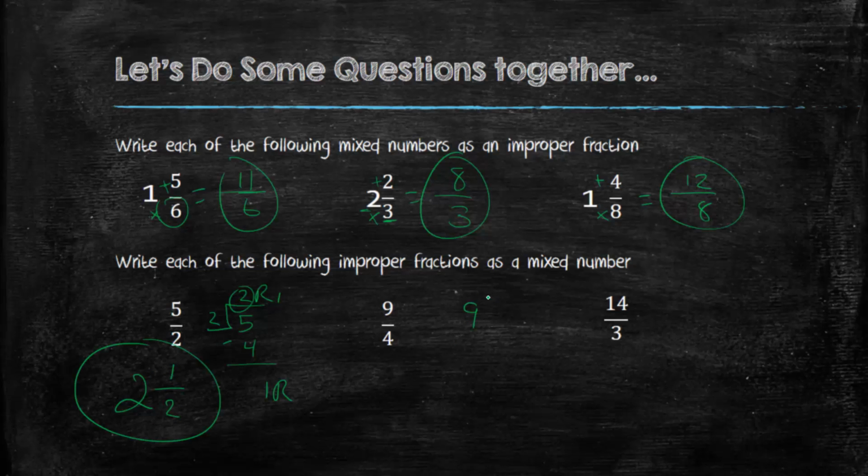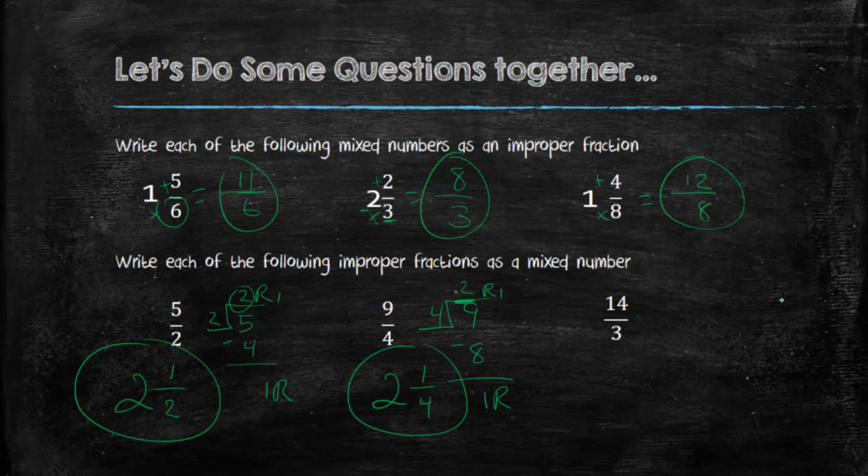Let's do this. 9 divided by 4. How many times does 4 go into 9? Twice. 2 times 4 is 8. 9 minus 8 is 1. So that's a remainder of 1. The answer is the whole number, the remainder is the new numerator, and the denominator stays the same.